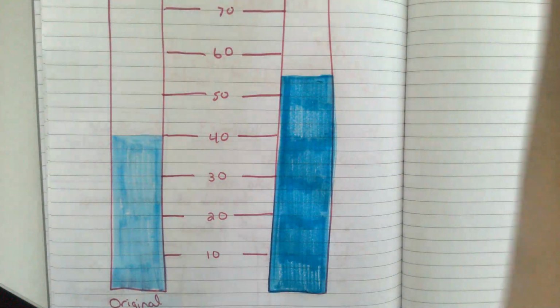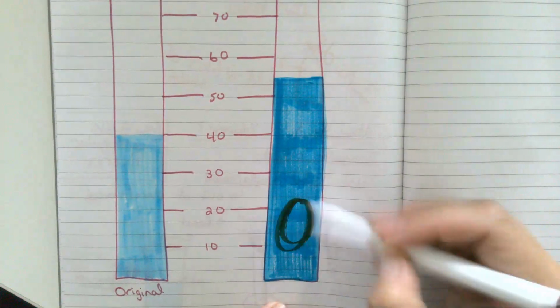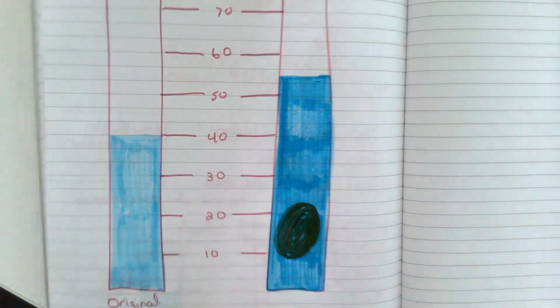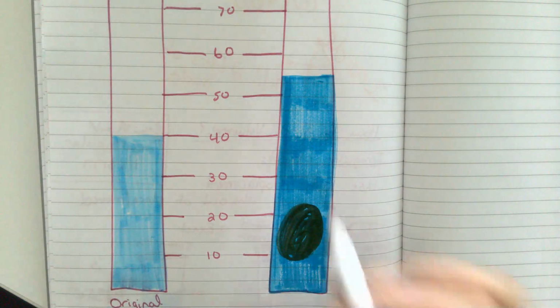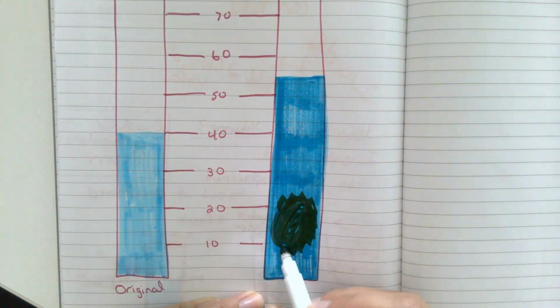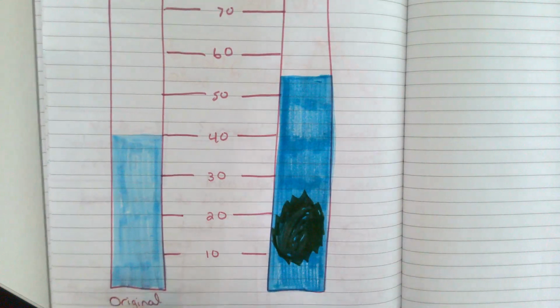Sorry. Here's our rock. Boom. It kind of looks like a turd in a bowl, but you know. We'll make it a little bit more jagged. How's that? There we go. There's our rock.